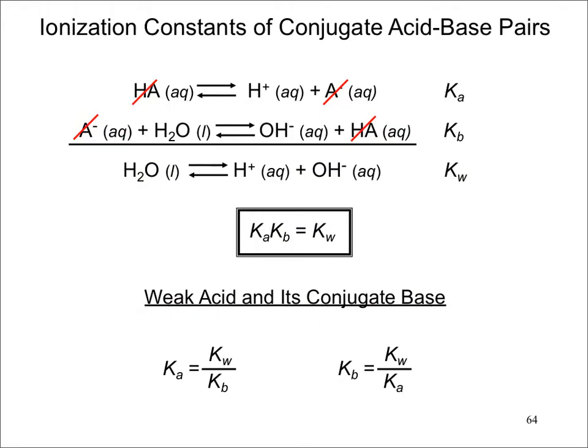So how are Ka and Kb related? Well, if you write out the Ka expression and the Kb expression, when you add the two up, you get Kw, which means that Ka times Kb equals Kw. So if you know the Ka, you can find the Kb of its conjugate base by taking Kw over Ka, or if you know the Kb, you can find the Ka of the conjugate acid by taking Kw over Kb.